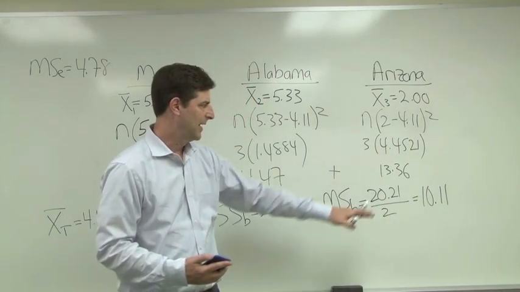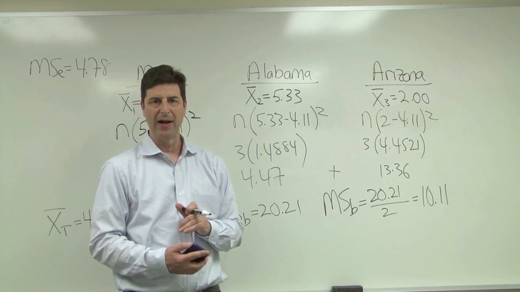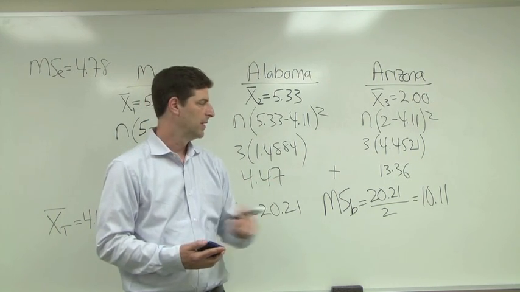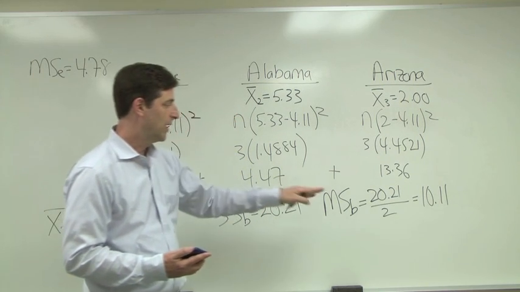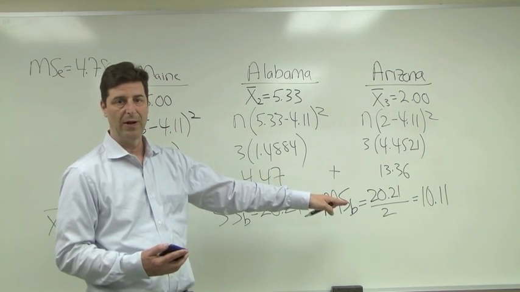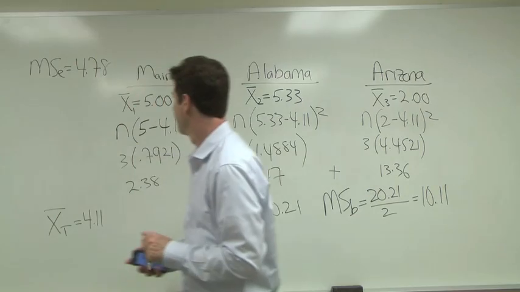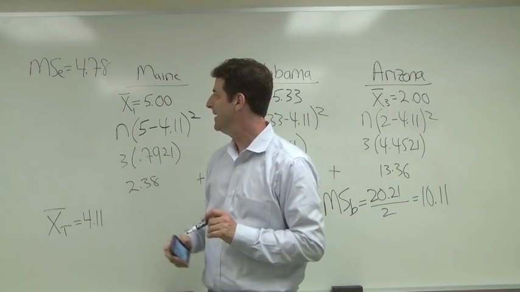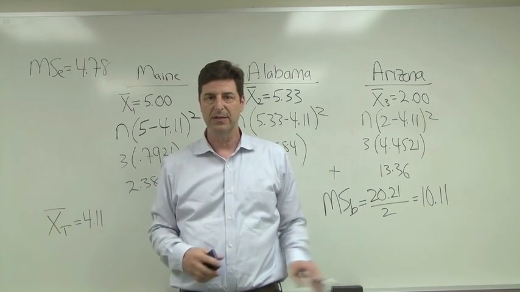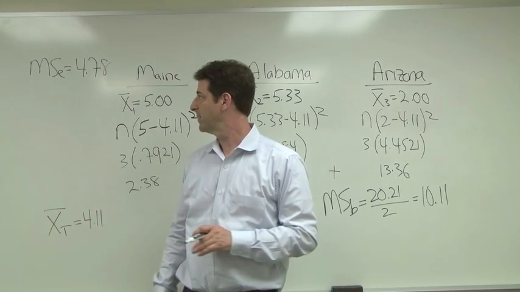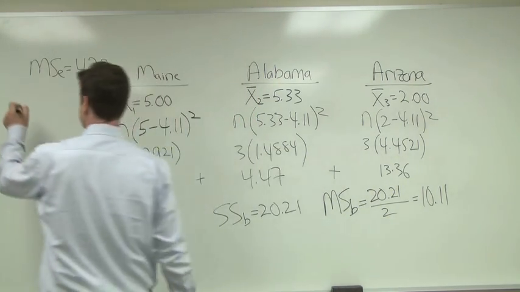It's going to end up being 10.105. We're going to round to the hundredths place, and that gives us 10.11. So our MSB is 10.11. Our MSE is 4.78.